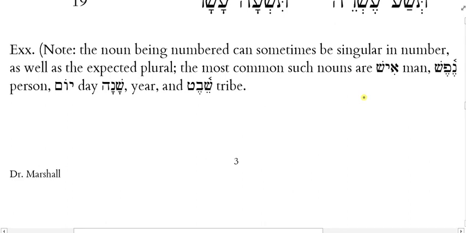One thing to note from the lesson is that Ross tells you that certain nouns could be singular even though you're numbering them with some number above 1. So if you've ever talked to some old-timer, like I remember having a conversation with some old man in Indiana, and I asked him, so how long have you lived here in these parts?